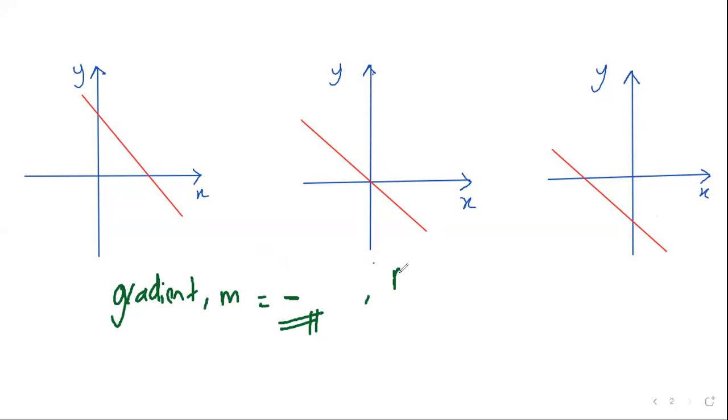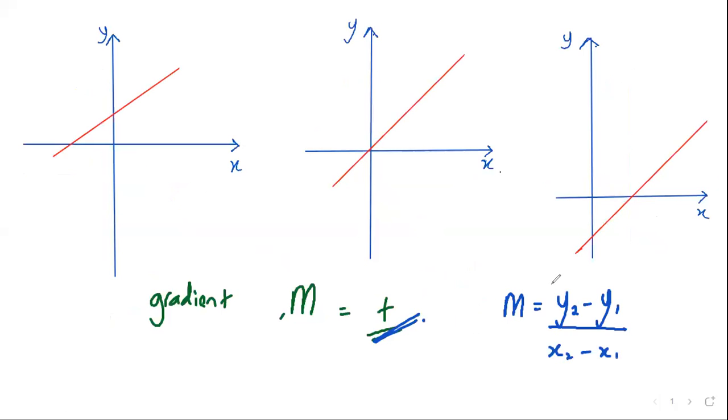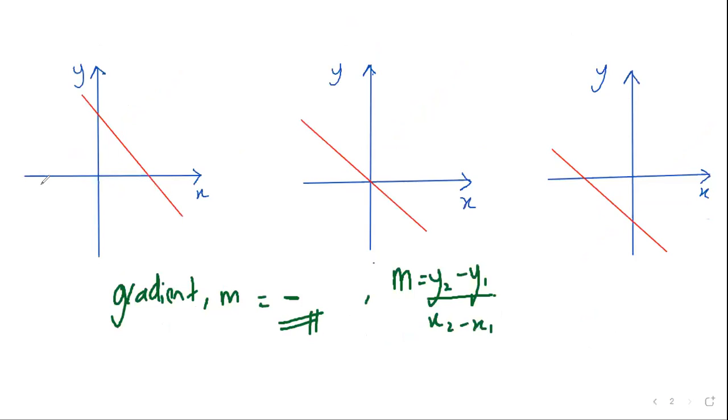Of course, the formula remains the same, y2 minus y1 over x2 minus x1, but the value will be negative. So the earlier graphs, all these gradients are positive. The second graphs, all these gradients are negative. So this is the idea of the graphs.